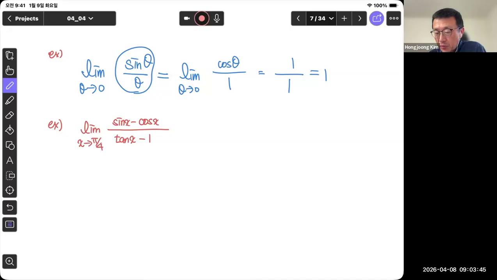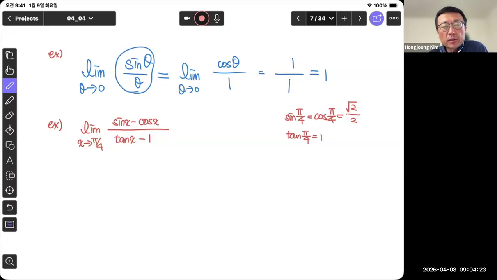Please note that sine quarter pi and cosine quarter pi are both square root of 2 over 2. So as x approaches quarter pi, the numerator approaches 0. And tangent quarter pi is 1, so the denominator also approaches 0.